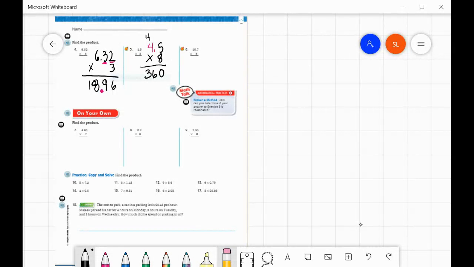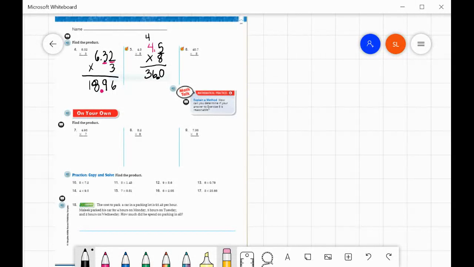We come up and we know that there's 1 spot past the decimal, so we're just going to go over 1. So we start here at the very end of the number, and then we move over 1 digit, and we place our decimal point. So our answer is 36.